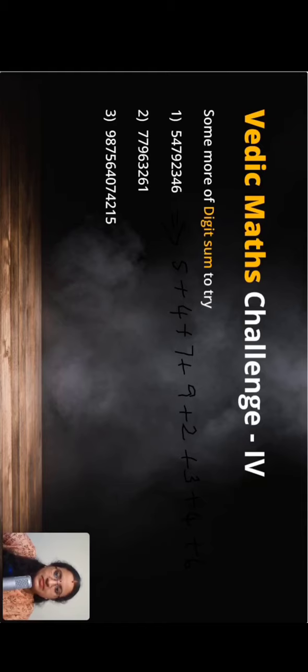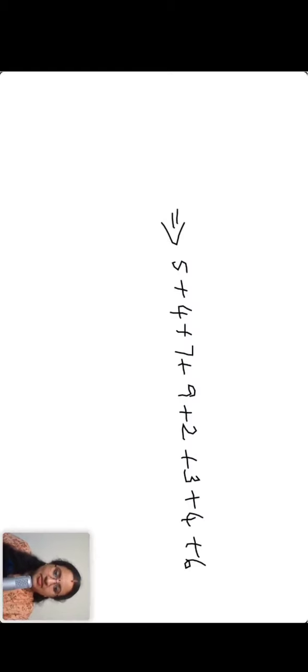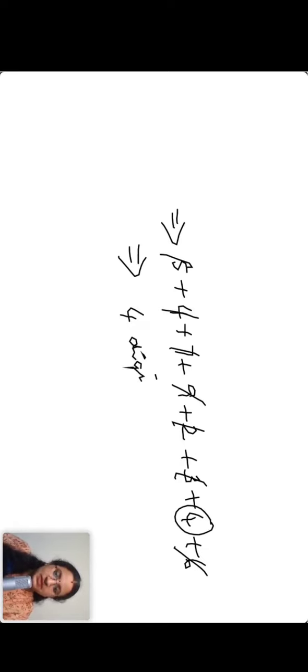So 5 plus 4 is a 9, 9 is a 9, 7 plus 2 is a 9, 6 plus 3 is a 9. So finally you have only 4, so 4 is the digit sum of this number. Perfectly the right answer on the chat box. 4 is the digit sum of this long number.